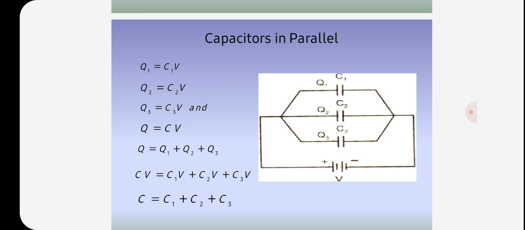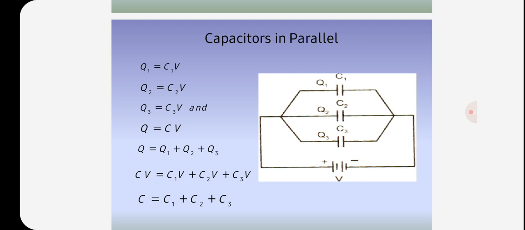Substituting Q is equal to CV, Q1 is equal to C1V, Q2 is equal to C2V, Q3 is equal to C3V, that is CV is equal to C1V plus C2V plus C3V, that is equal to V into C1 plus C2 plus C3. So Q by V is equal to C1 plus C2 plus C3.